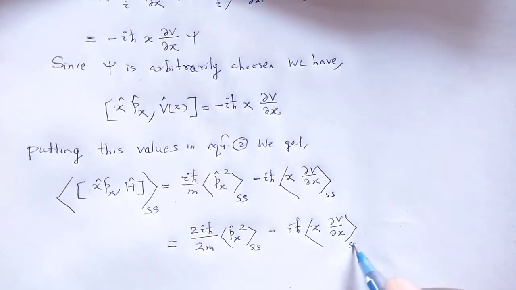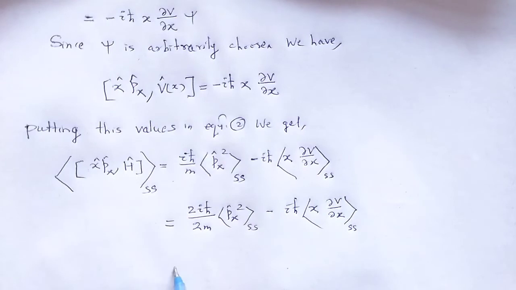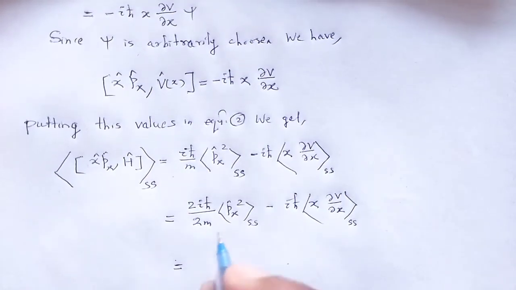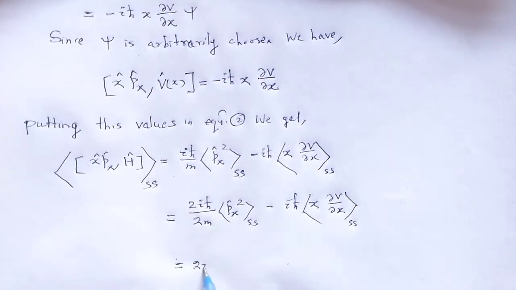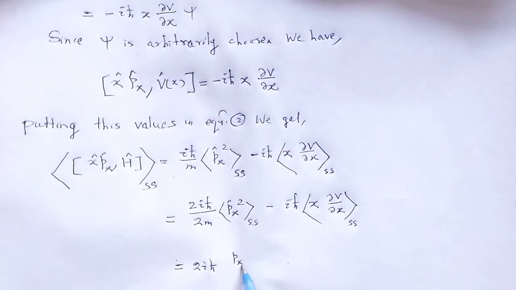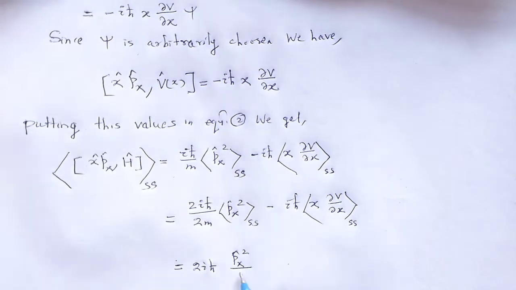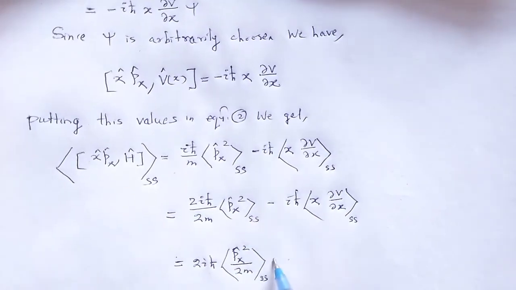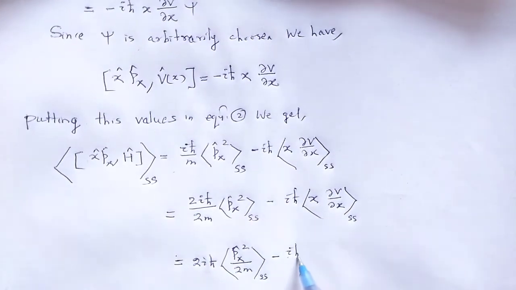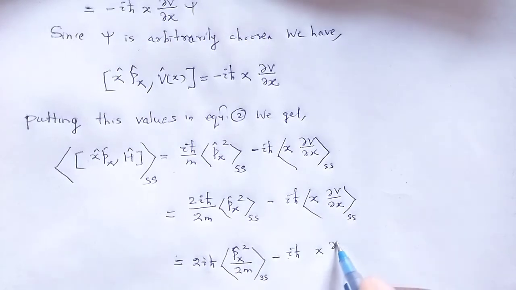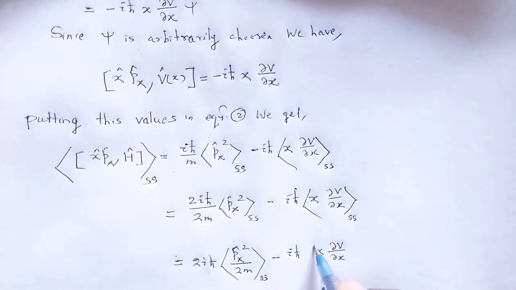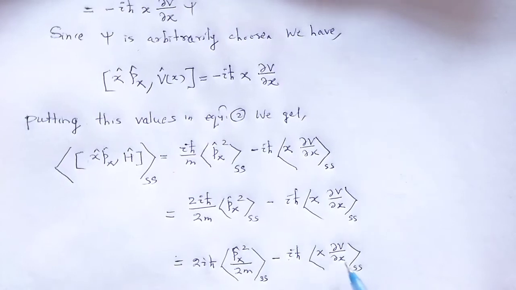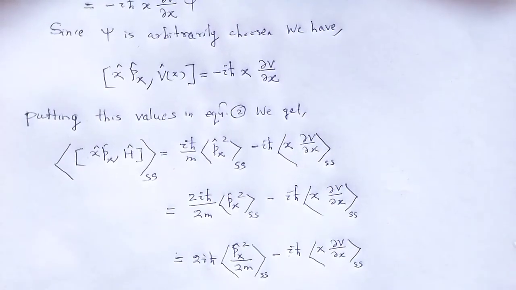expectation for that of stationary state, it is 2 i h cross px square divided by 2m expectation for that of stationary state minus i by h cross x del v by del x expectations for that of stationary state.